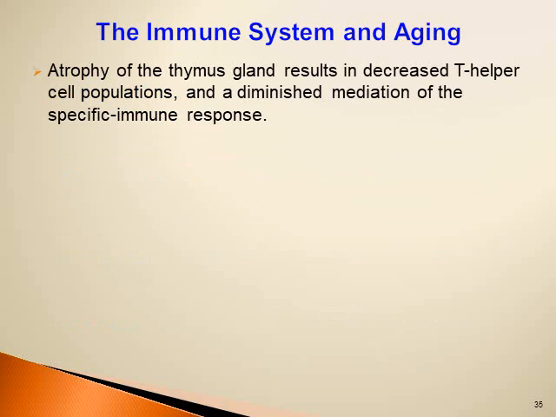What is the effect of aging on the immune system? With aging, atrophy of the thymus gland results in decreased T helper cell populations and diminished mediation of the specific immune response.